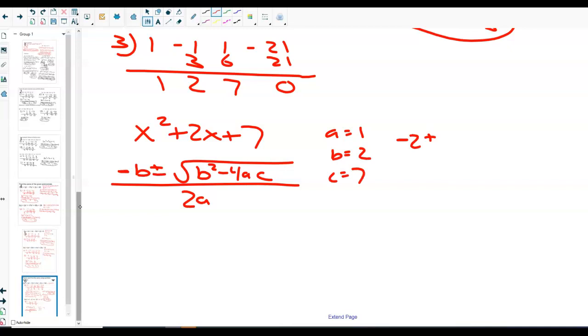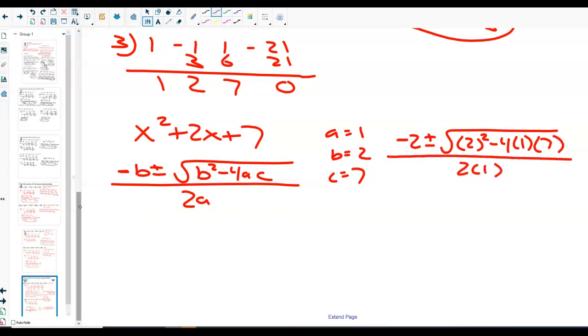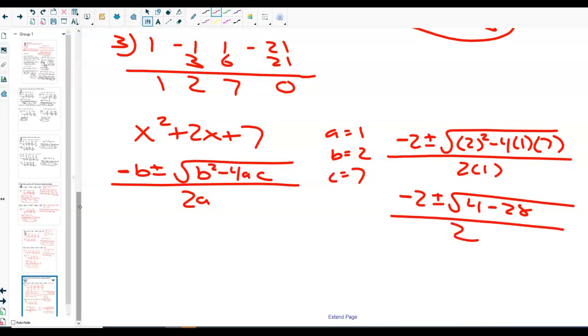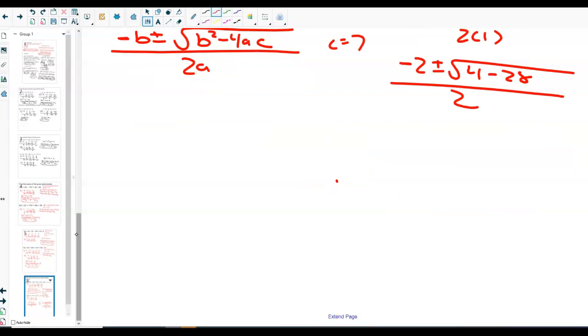So negative 2 plus or minus the square root of 2 squared minus 4 times 1 times 7, over 2 times 1. Negative 2 plus or minus the square root of 4 minus 28, over 2. Negative 2 plus or minus the square root of negative 24, over 2.